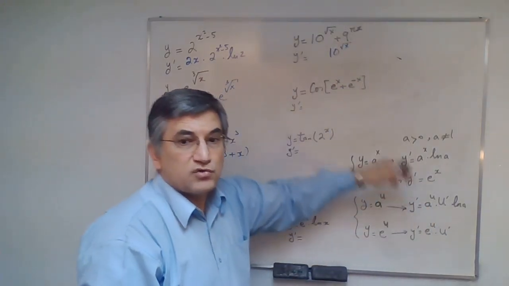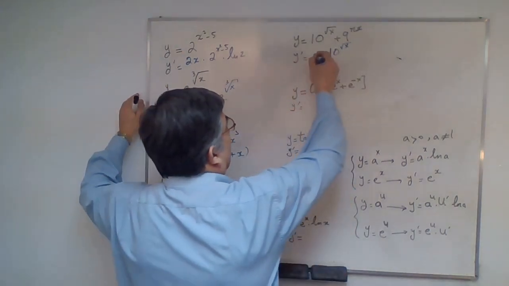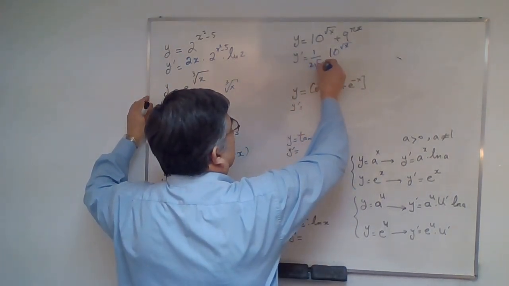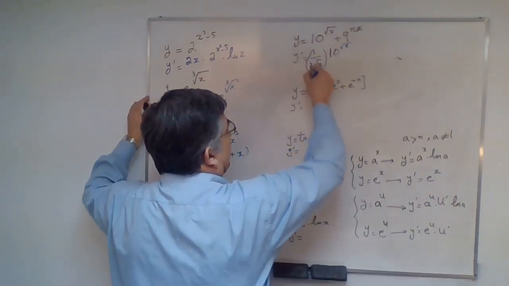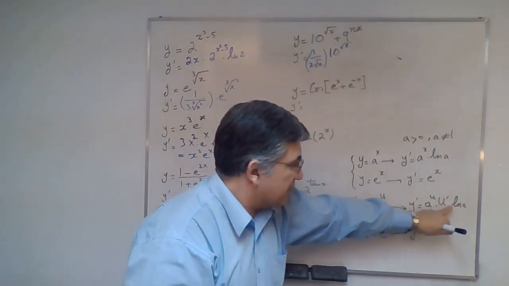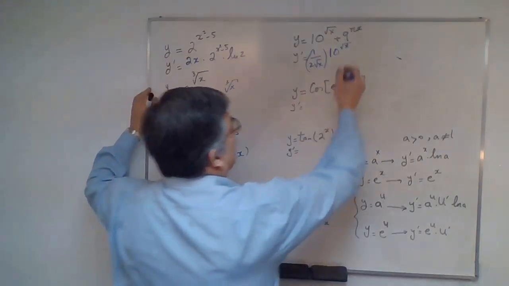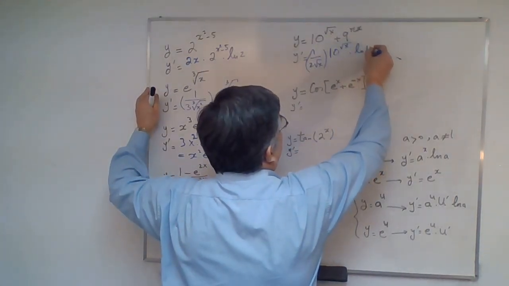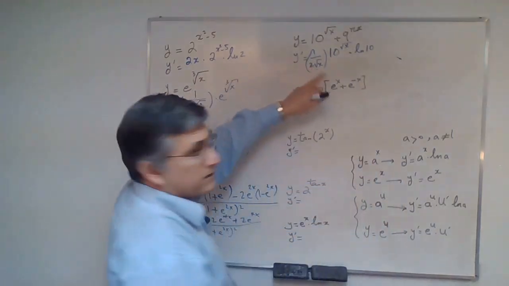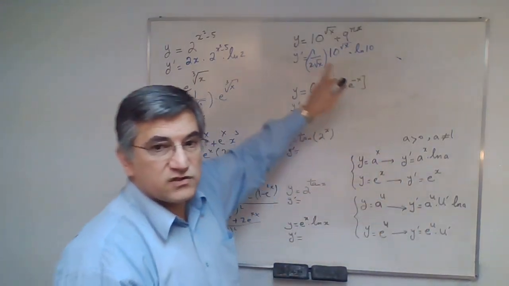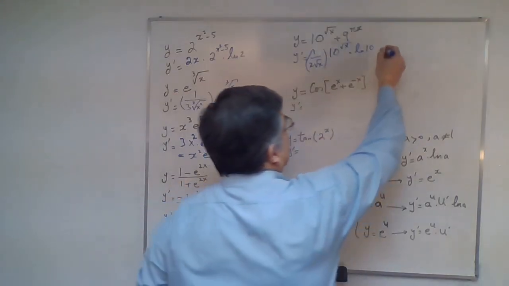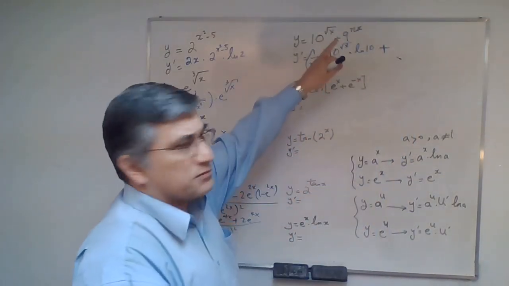u prime is the derivative of the square root, which is 1 over 2 times square root of x. And then we have ln of a. In this case, it will be times ln of 10, because the base a in this case is 10. Plus 9 to the exponent of pi x.